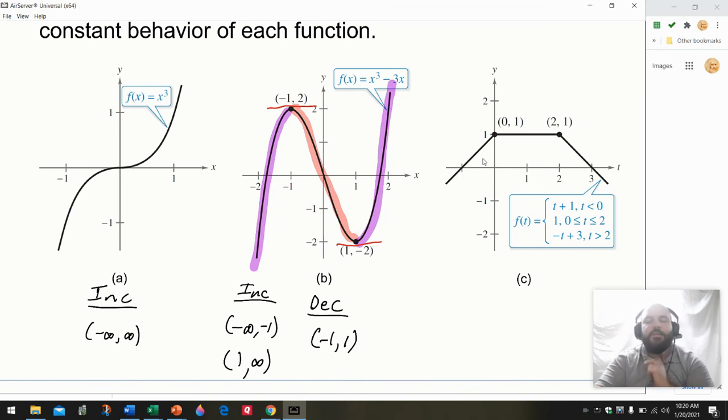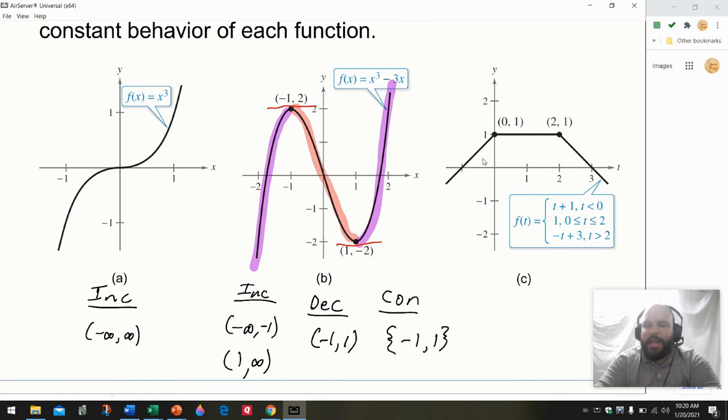And notice with these intervals, we're always listing the x values of the intervals. Now, where's it constant? Well, it's constant at two individual places. And when it's not an interval, it's just one point. We list it with a squiggly bracket, and it's constant at -1 and +1, just like that.